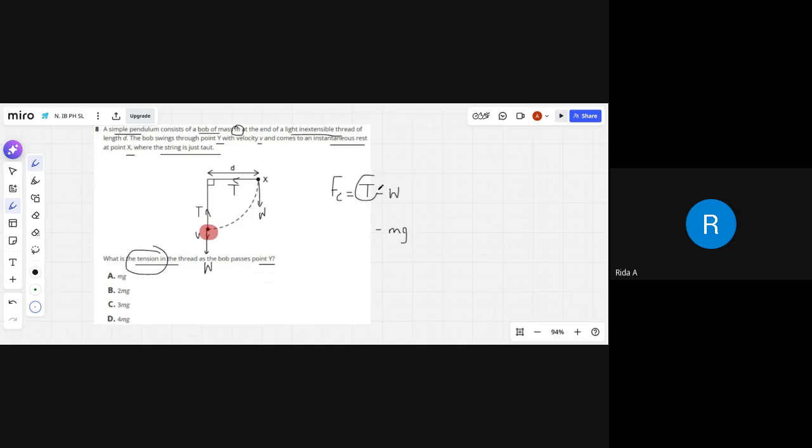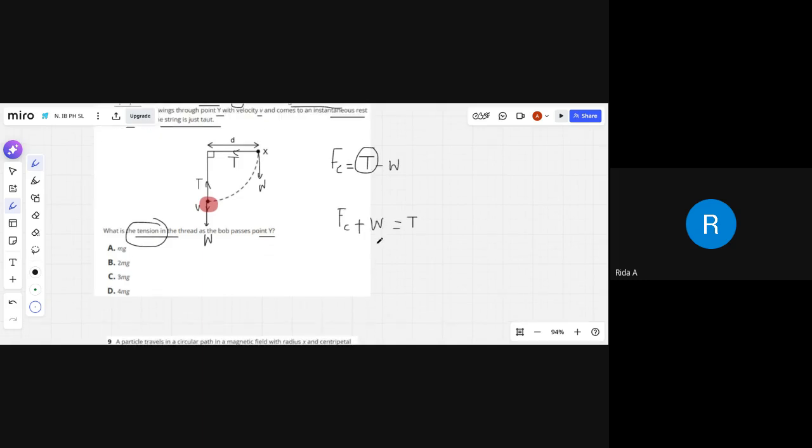So you want the tension, right? So you'll do centripetal force plus the weight is your tension at point y.